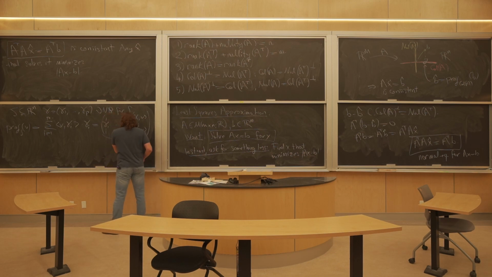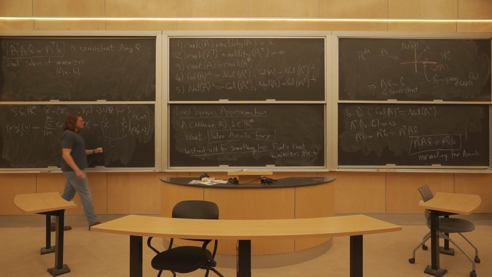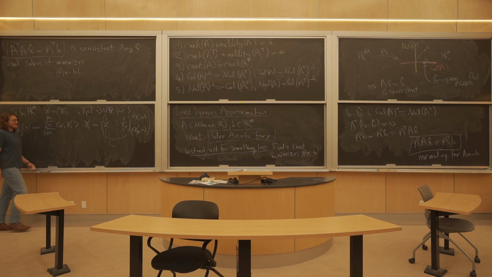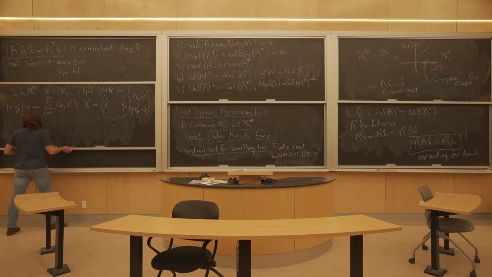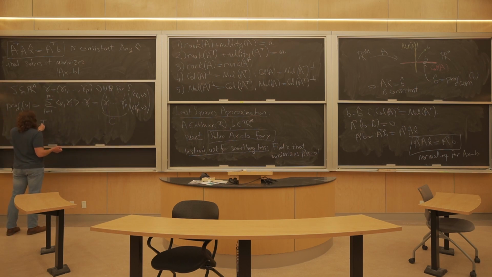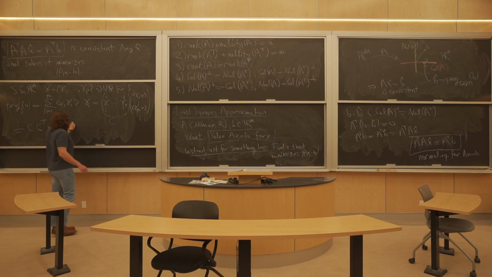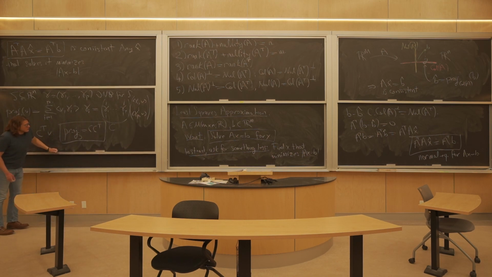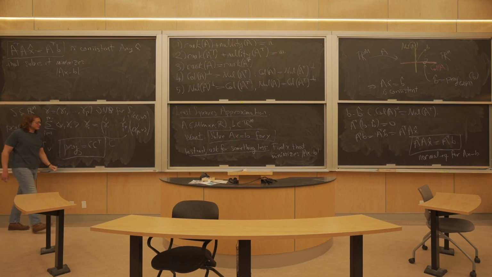Let me call this C. Then I can realize that this really is C transpose applied to the vector V. That is to say, this orthogonal projection is given by C times C transpose. This is the first stage of the QR factorization.